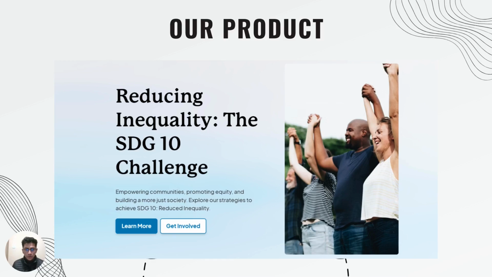Talking about our product, the title of our project is Reducing Inequality, the SDG10 Challenge. We decided to create a comprehensive website dedicated to disseminating information and raising awareness about the crucial goal of reducing inequality.